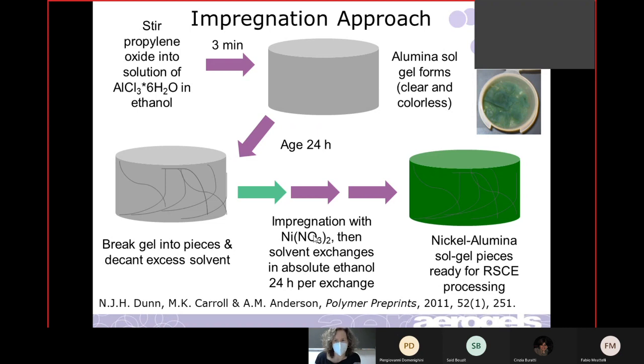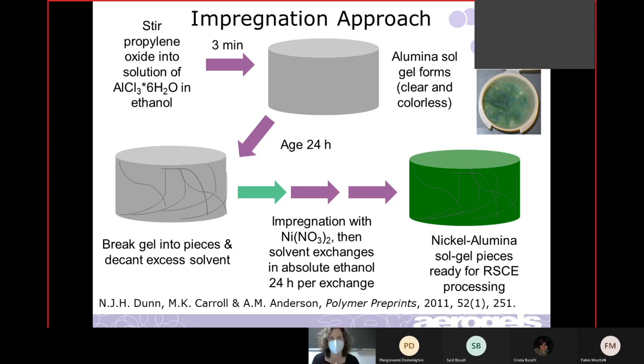So then the nickel solution in ethanol replaces the ethanol that was in the pores in the first place. We then do 2 subsequent solvent exchanges with pure ethanol. And when we do those solvent exchanges, most of the nickel stays in the gel because during this exchange, the nickel species has reacted through condensation reactions with the exterior and even the interior pores.